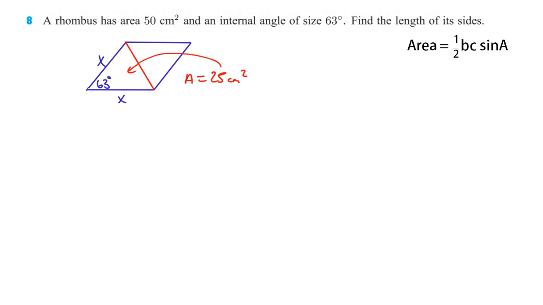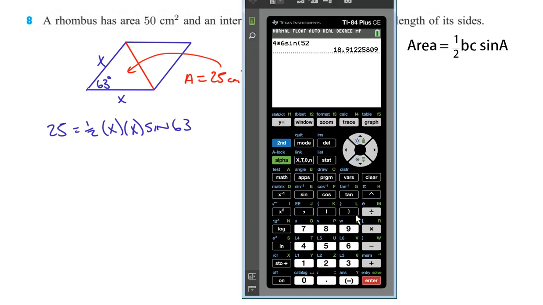So let's set this thing up with our area formula. So we know the area of just this triangle is 25. It's going to be 1/2 our two sides, which is x and another x, and then sine 63. So the only thing we can do really over here is take half of sine of 63. So let's see what that gives us. 0.5 sine 63.